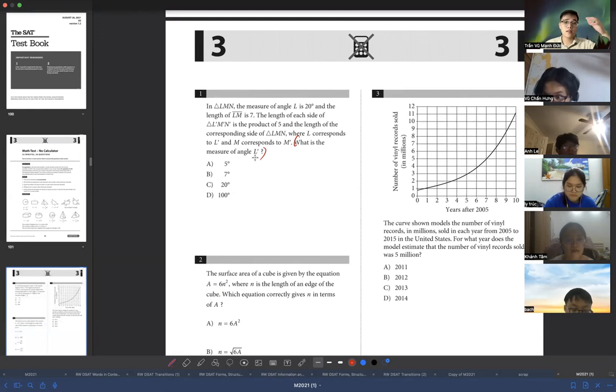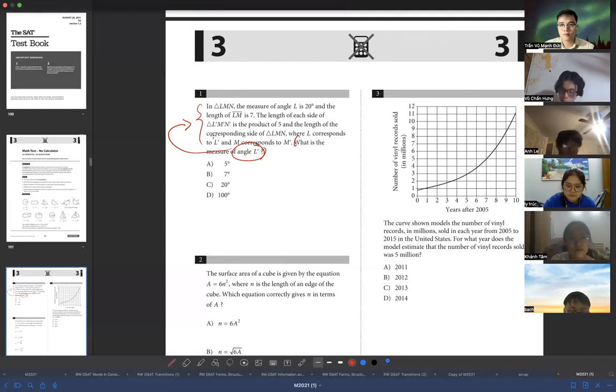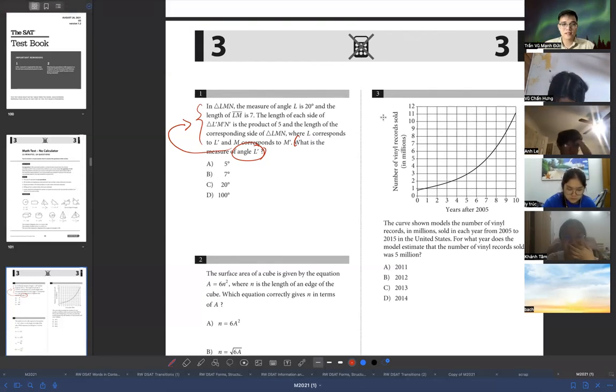And when you encounter this, what should you notice in this lengthy paragraph? It provides the measure of angle L, and it seems like triangles LMN and LMM, comma. You can just say comma.